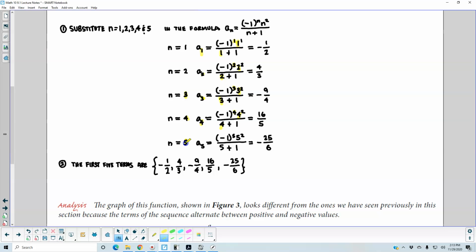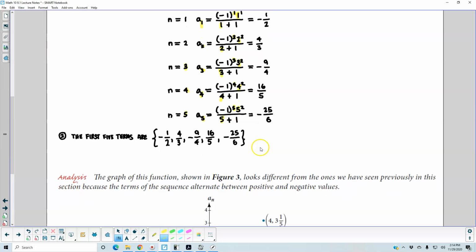And then the fifth term, we're replacing all the n's with 5. So let's follow the order of operations. (-1) to the fifth power is -1 times 5 squared, which is 25, so we have -25 over 5 plus 1, which is 6. Therefore, the first 5 terms of the sequence are -1/2, 4/3, -9/4, 16/5, and -25/6.